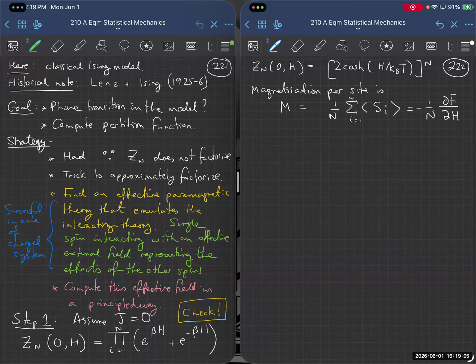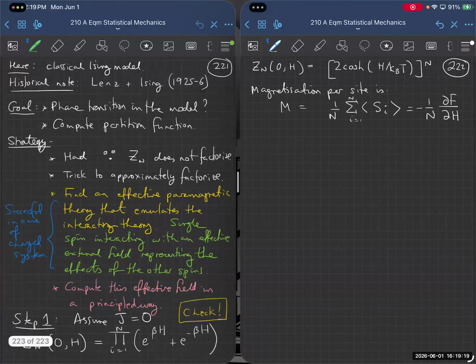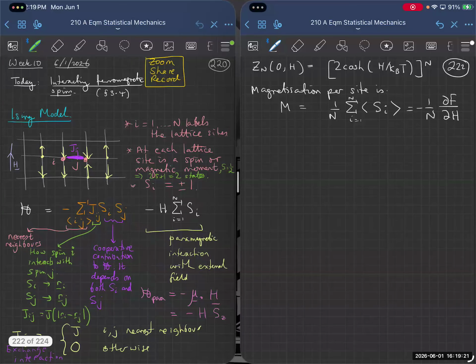Okay, so again, if I write down the partition function, F is minus kT log Z. If I just differentiate with respect to the external field, that brings down this coupling with the external field, the factor h s_i that you can see on the left-hand side.